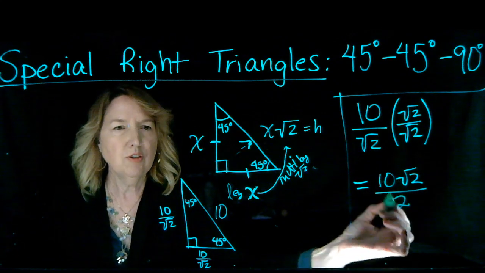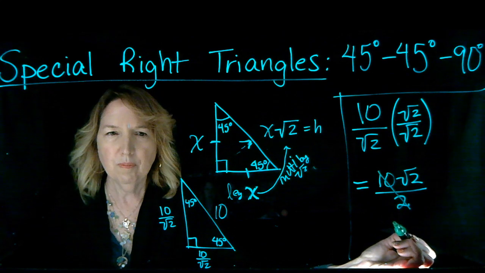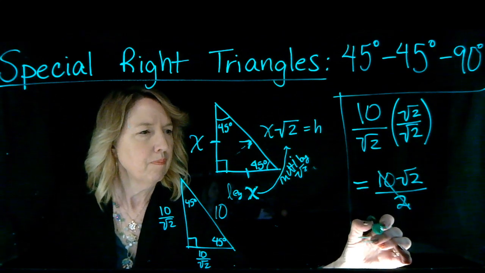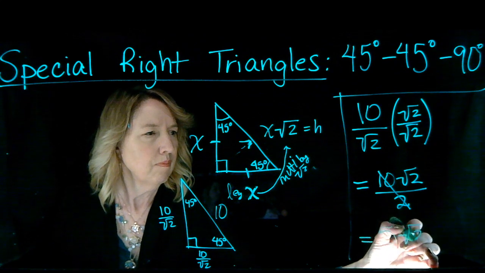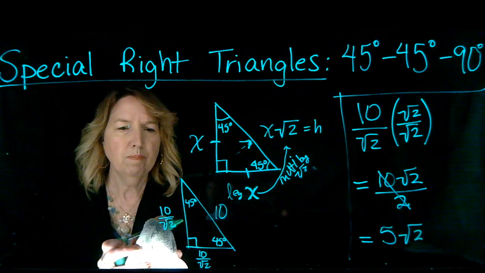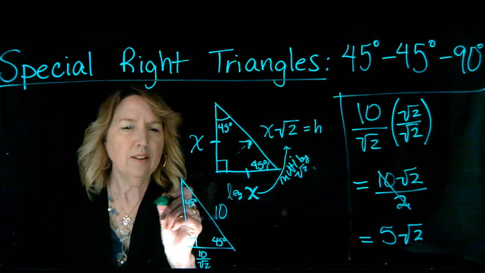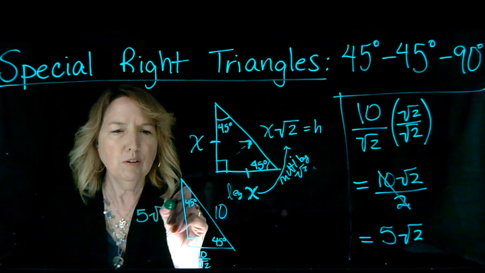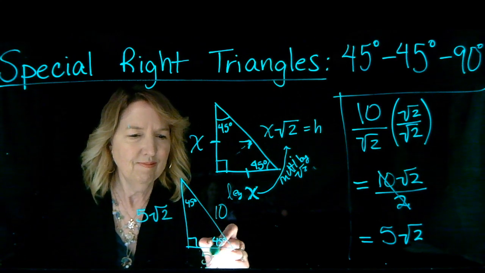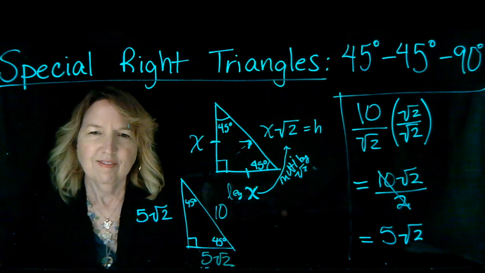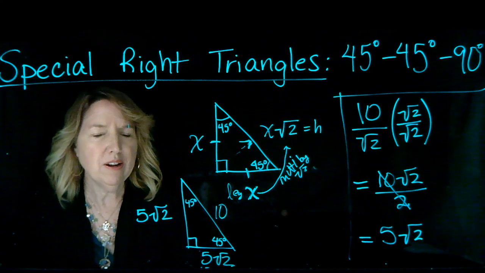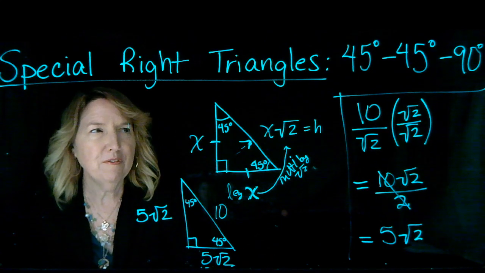And look at this, 10 over 2 is reducible. 10 divided by 2 is 5. So I can rewrite these as 5 radical 2. And that is a special right triangle, 45, 45, 90.